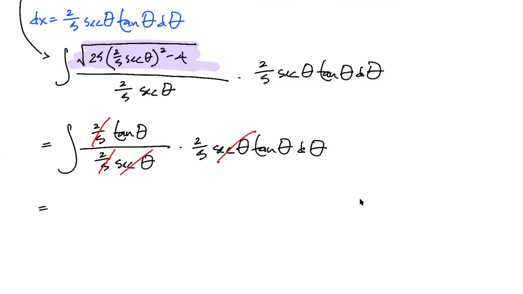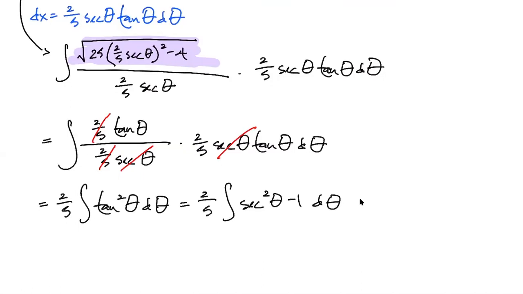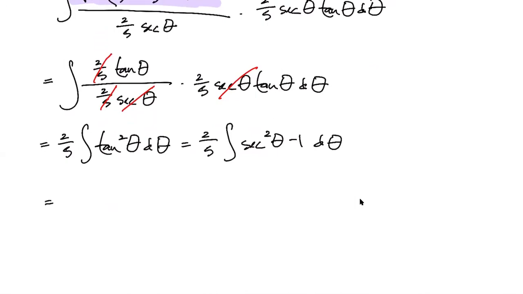And so we end up with 2/5 the integral of tangent squared theta d theta, which is perfect because we can use that same substitution we did earlier, secant squared theta minus 1 d theta. And the integral of secant squared is tangent theta, and we know the integral of 1 is theta.